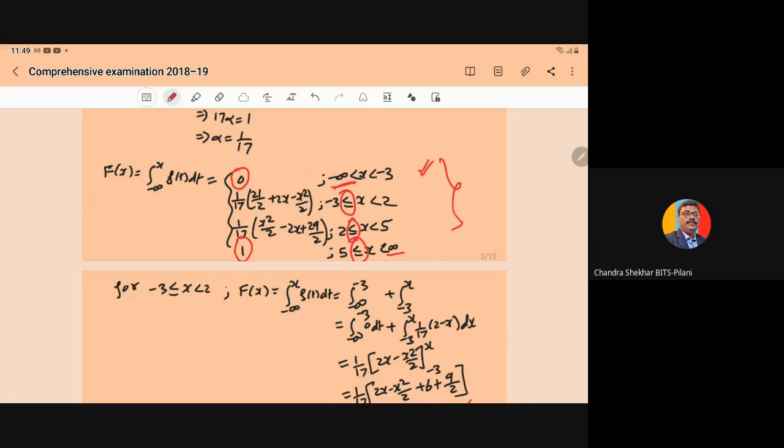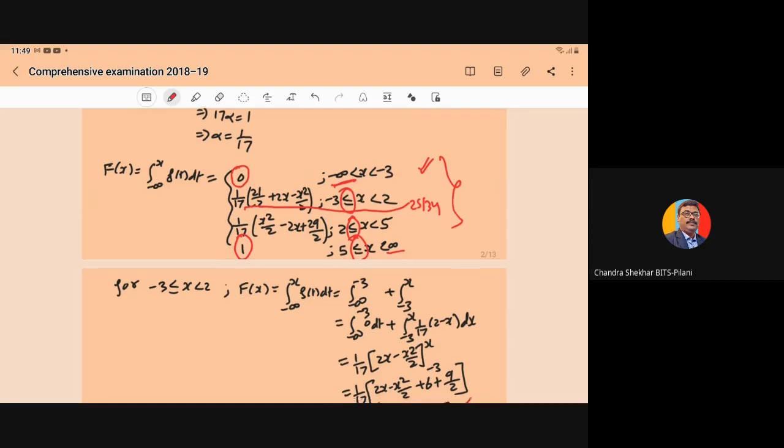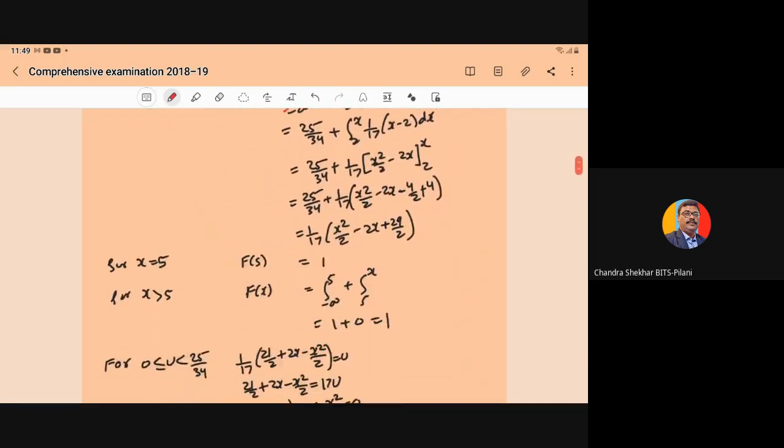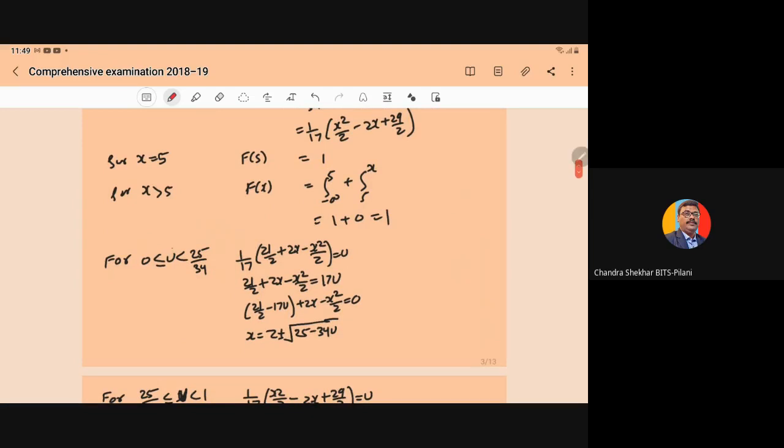At this place we have the constant 25 upon 34, so from this constant we take the value of the random number either between 0 and 25 upon 34, or between 25 upon 34 and 1. When we take a random number from 0 to 25 upon 34, the first part, the intermediate part, will be equal to u.